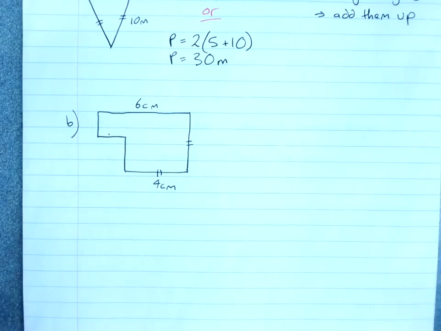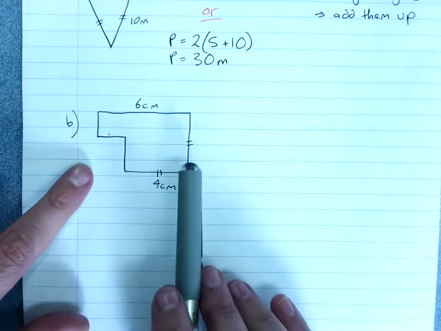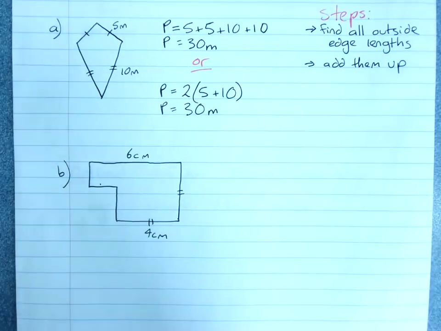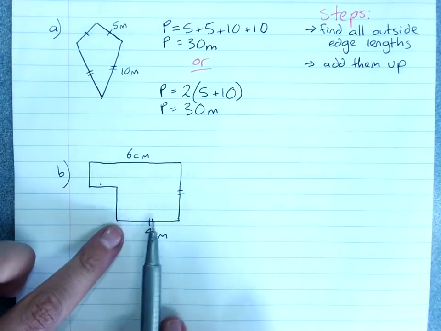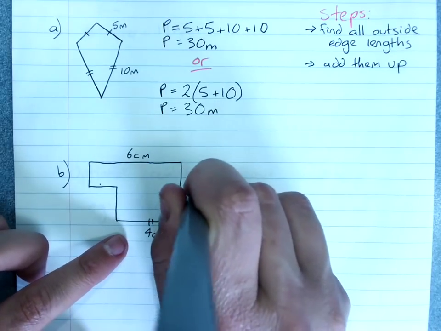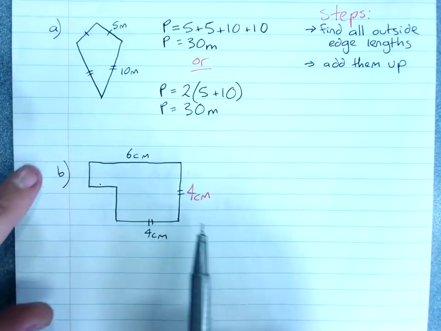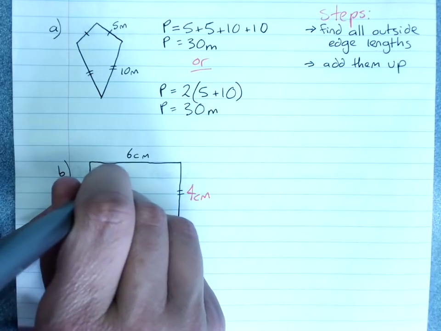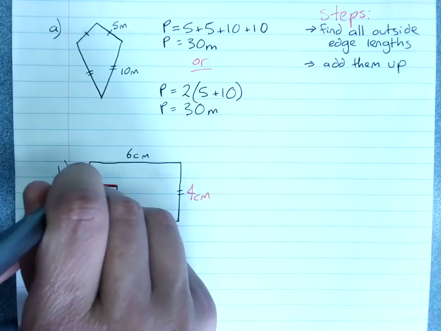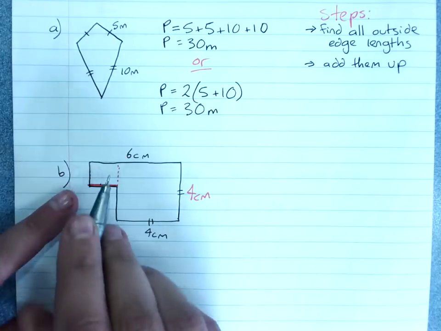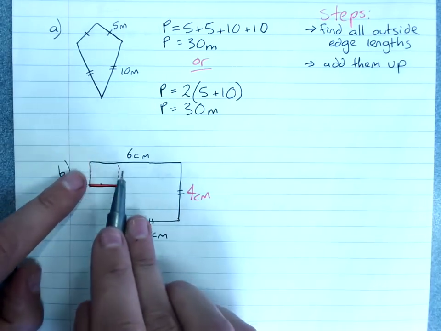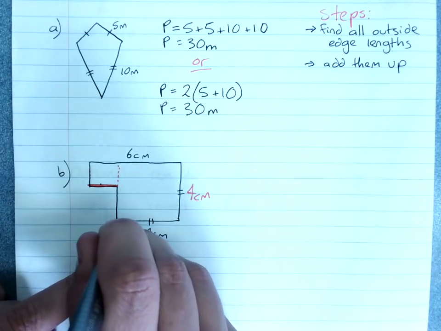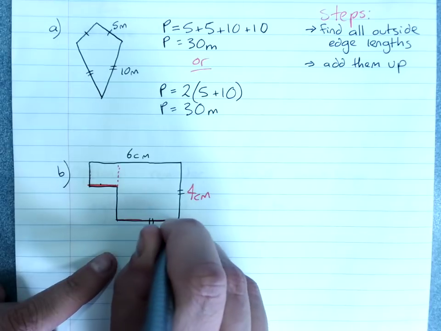Here is a type of question where we first have to really focus on that first step of finding all the outside edges. So here's a 2-stripe one which says I know this one's 4 centimeters. Now the trick here is to remember that this line, because it's in line, parallel to that line over here that I know, and straight down here, in line with it again, is this line here.